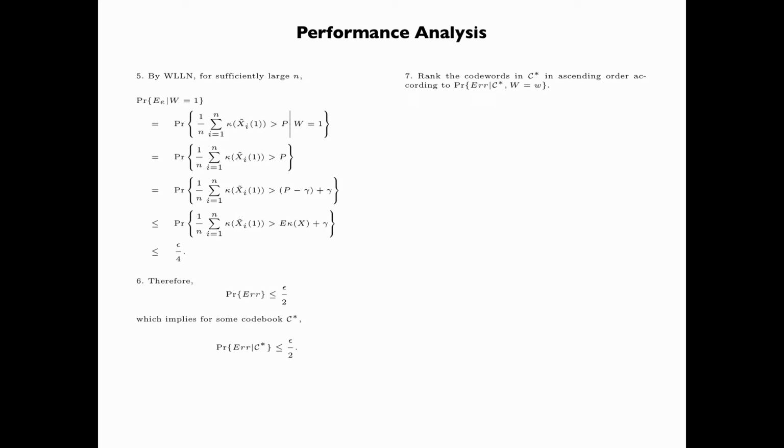Now rank the codewords in C star in ascending order according to the probability of the error event conditioning on C star and the message chosen being W. After discarding the worst half of the codewords in C star, if a codeword X tilde of w remains in C star, then the probability of the error event conditioning on C star and W equals small w is less than or equal to epsilon.